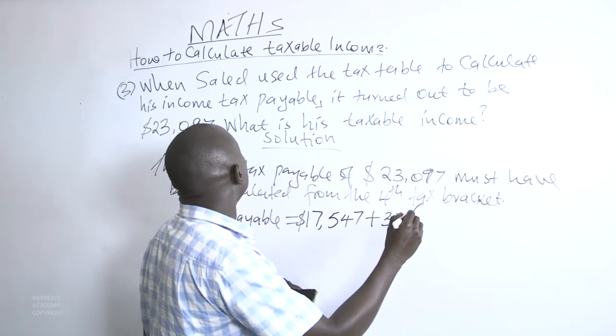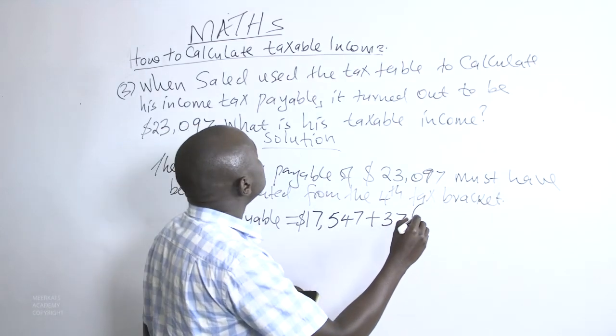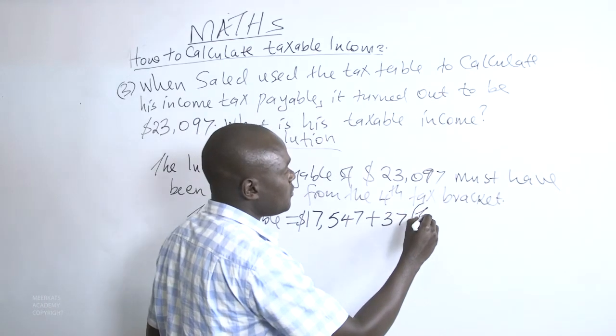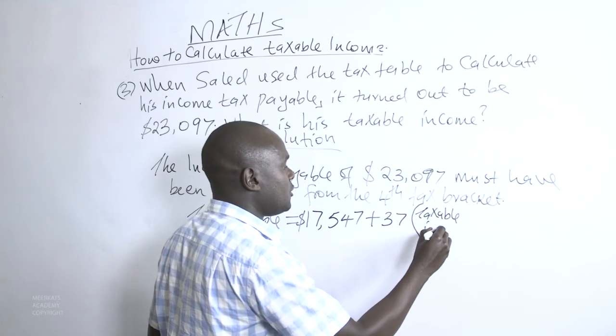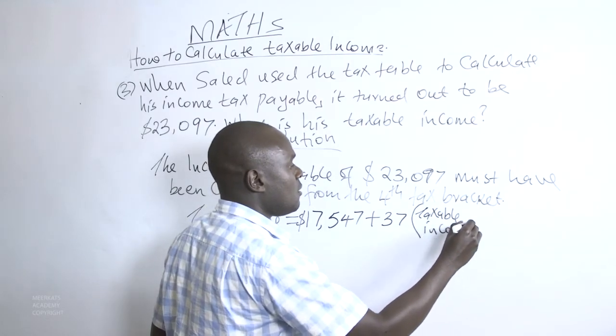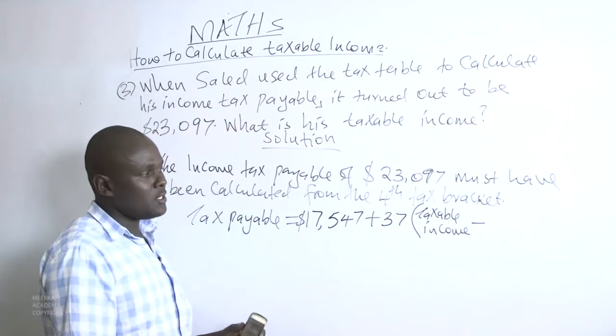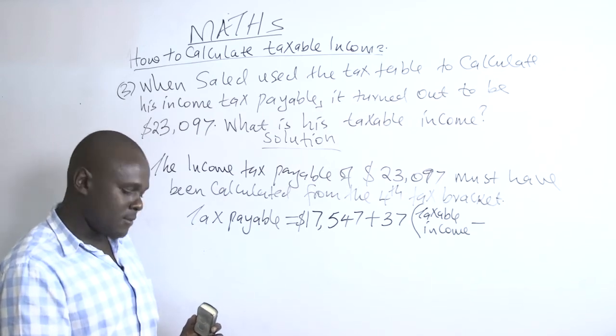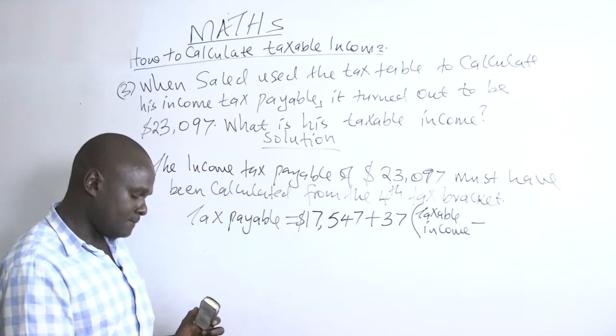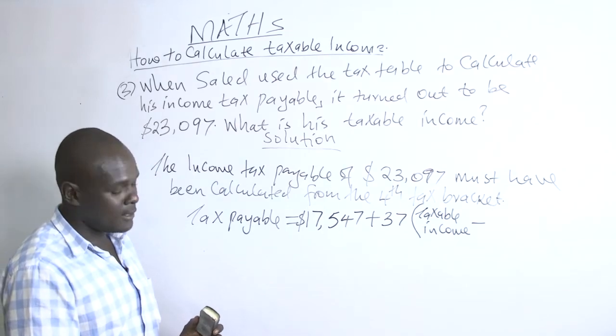In that particular rule, that difference is usually the taxable income minus the lower ceiling in that particular bracket.